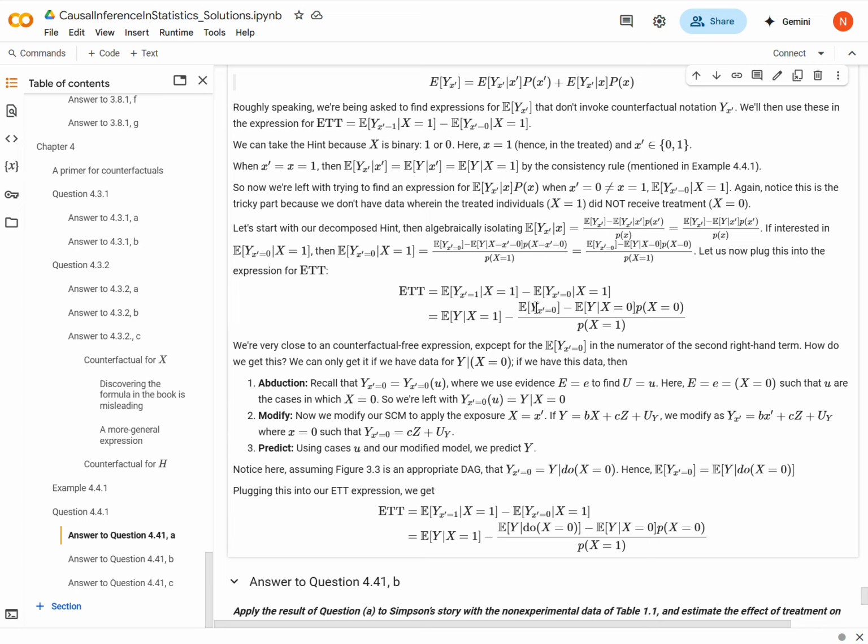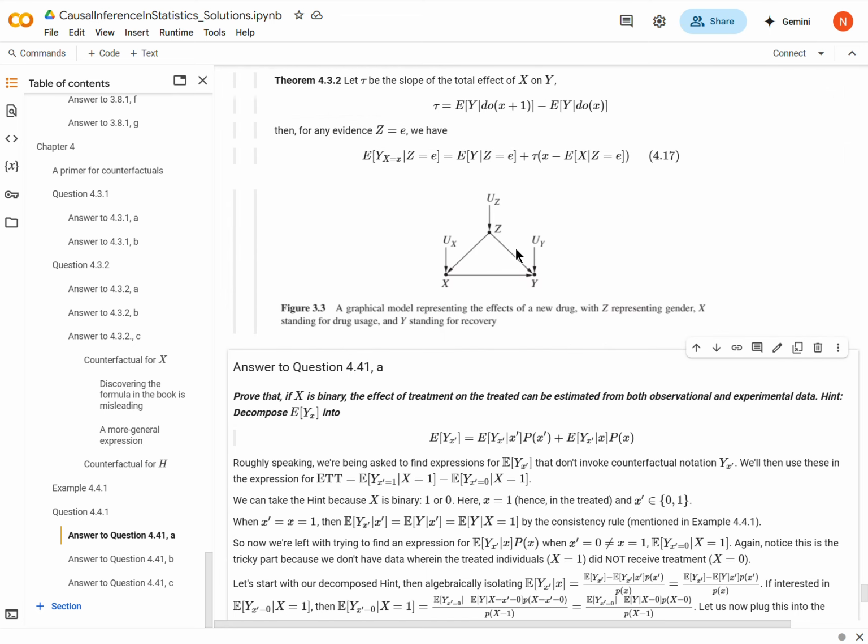So how might we get this? Well, this is where the whole backdoor trick comes in. Okay, so again, what we're asked to find is, what is the expected value of y when x equals some particular value?